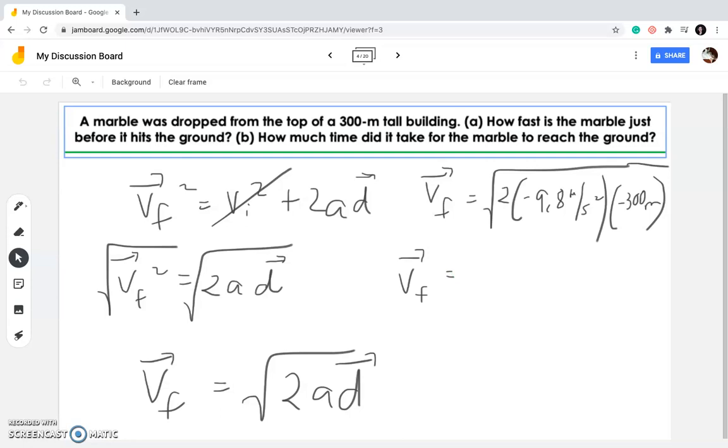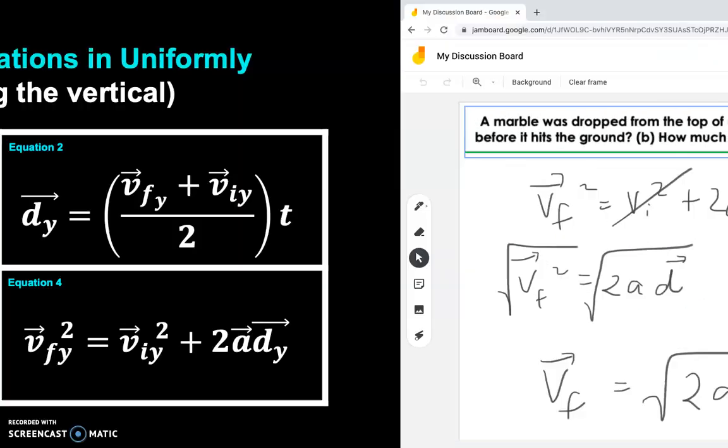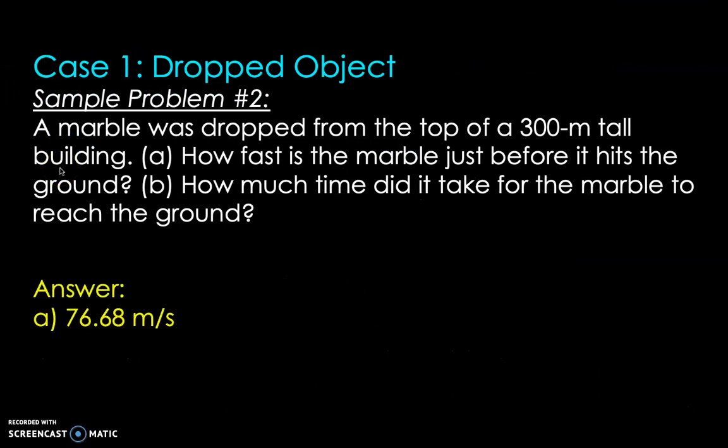So that's 2 times negative 9.8 times negative 300. That gives us 5,880, and the square root of that is 76.68. So 76.68 meters per second. So that's our final answer for part A.